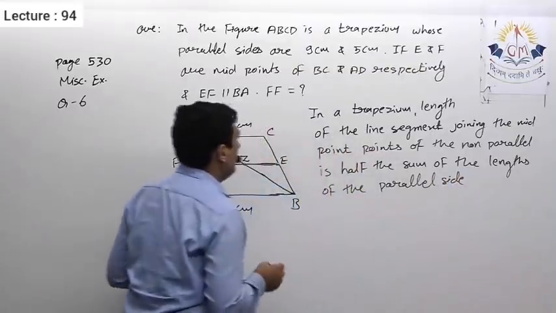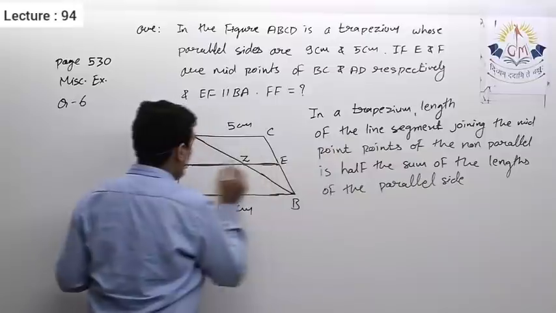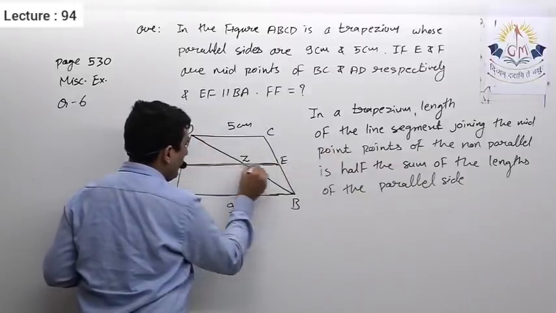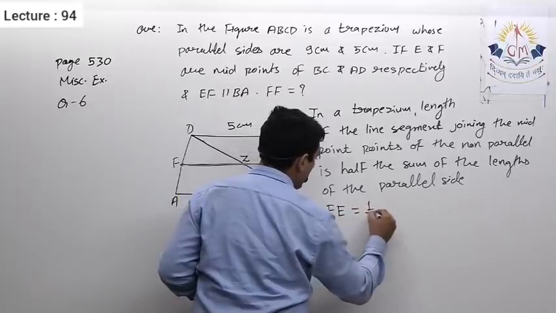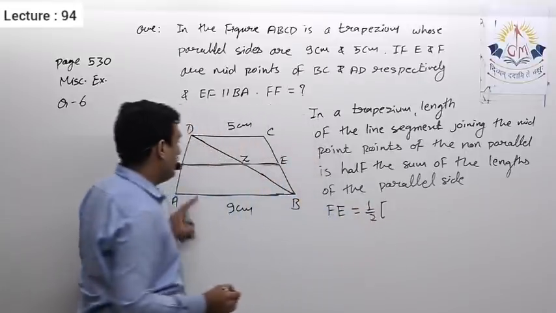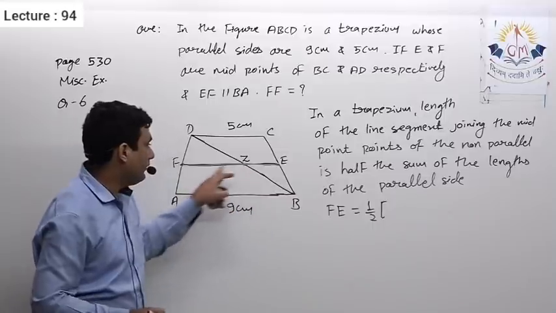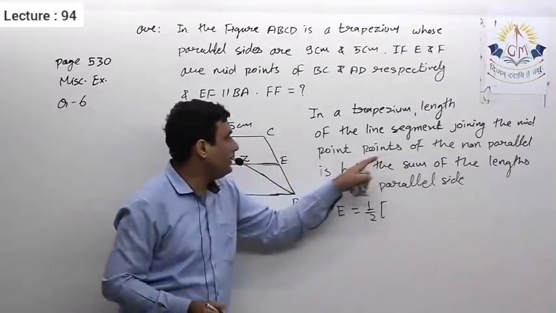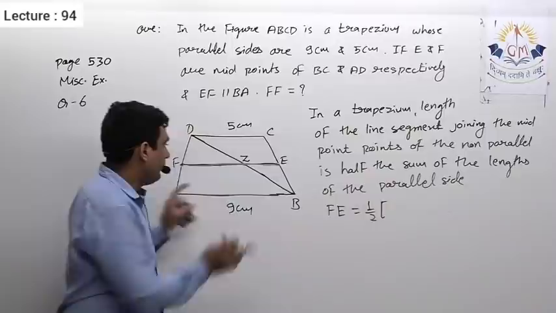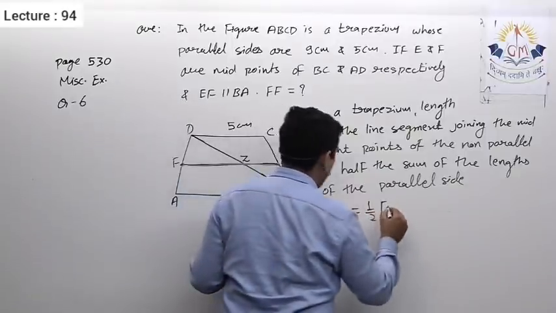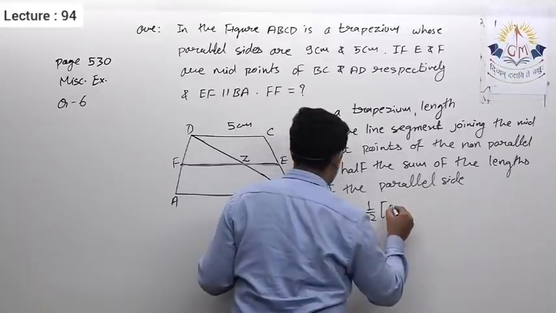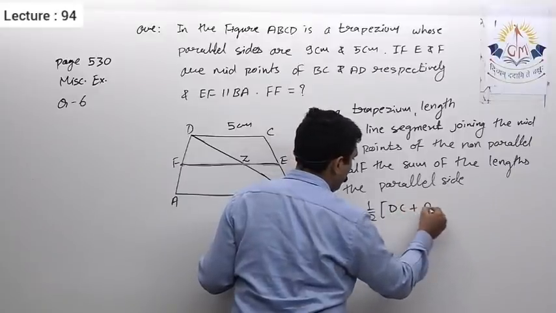Okay, in a trapezium, the length of the line segment joining the midpoints of the non-parallel sides, that is FE, must be equal to half the sum of the lengths of the parallel sides, that is DC plus AB.